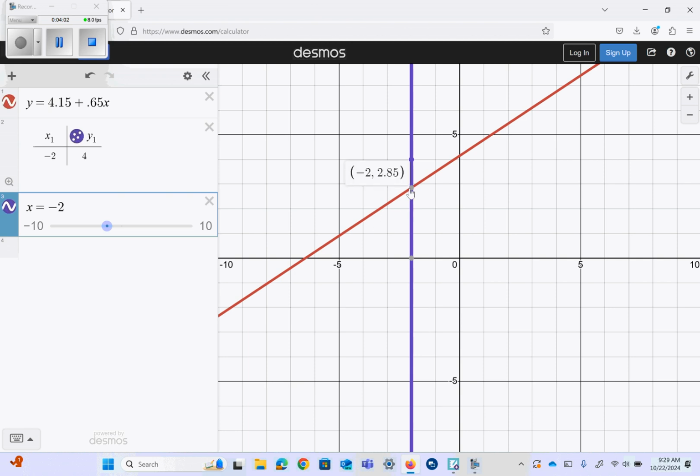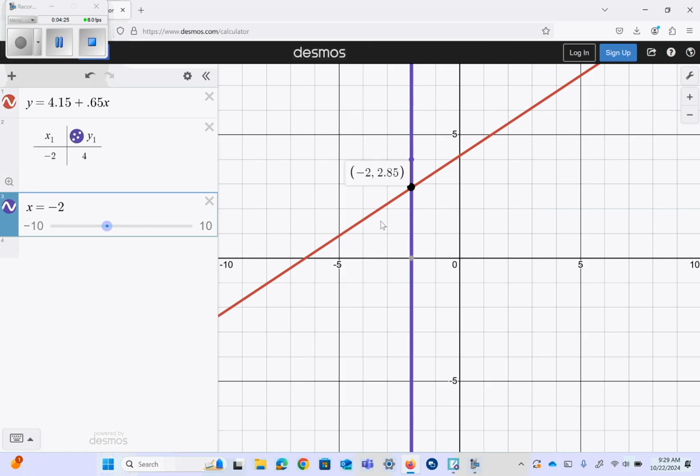Okay, so if you click here, you're going to see the y value at the intersection of the vertical line and our prediction line at negative 2 is 2.85. Okay, so our residual is going to be this.